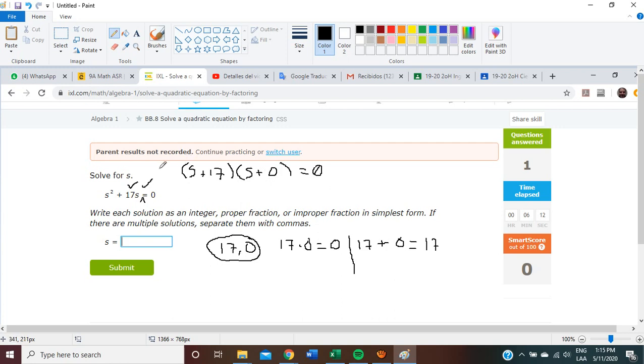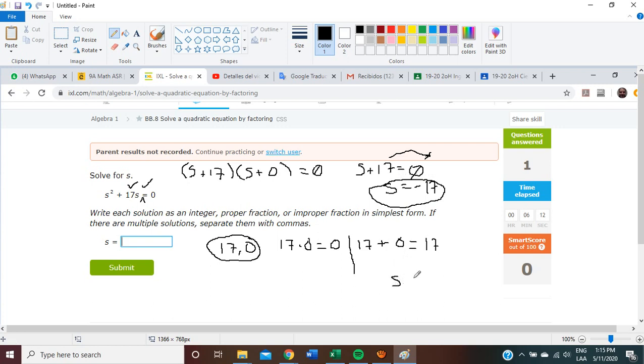Now s plus 17 equals 0, so this 17 goes to the other side, so s equals negative 17. This is the first value of s.